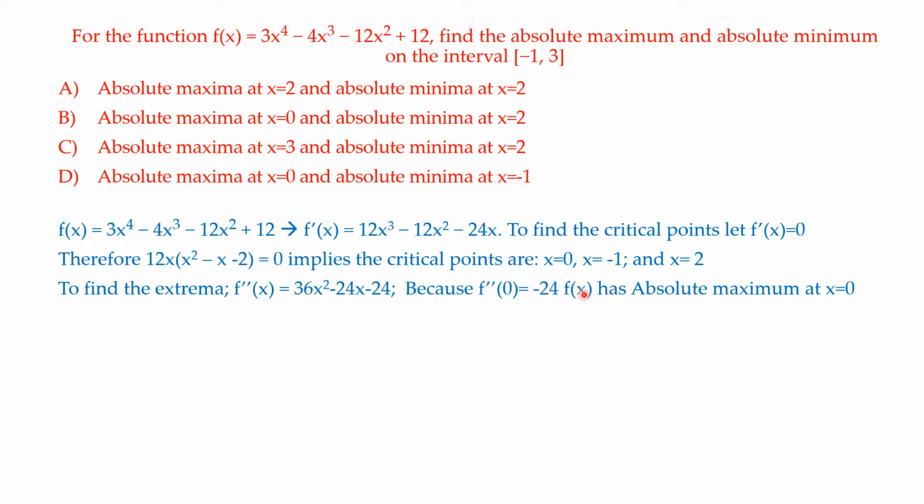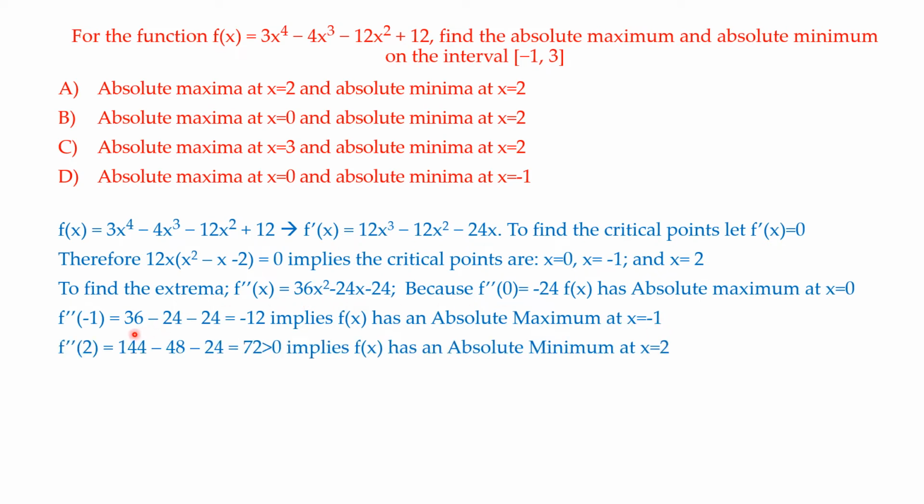So that implies that f of x has an absolute maximum at x equal to 0. If we do the same for -1, we will get a negative value. That implies that f of x has an absolute maximum at x equal to -1.